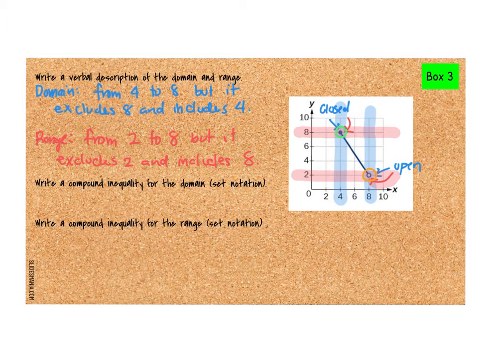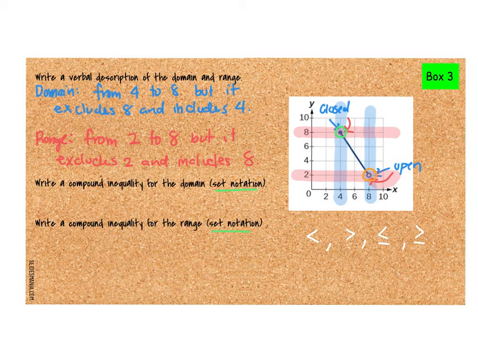all right, so it says write a compound inequality for the domain, and we're going to be introducing you guys to set notation. So don't be confused when you see that word set notation. It's kind of what you guys have been seeing with Mr. Casares. So, as a side note, you guys have less than, greater than, less than or equal to, greater than or equal to.